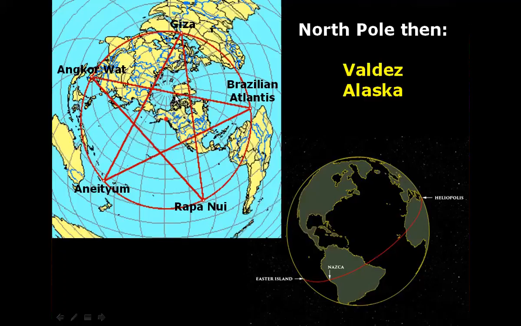So that's also remarkable. One of the lines of the pentagram is going straight through the current North Pole, but the heart of this pentagram is at the previous North Pole position. So this is the previous equator, the red line, and the North Pole position was here. And you can't see it, but that is where nowadays we find the city of Valdez.